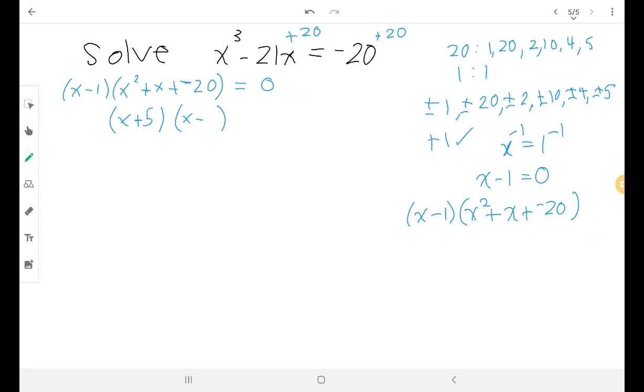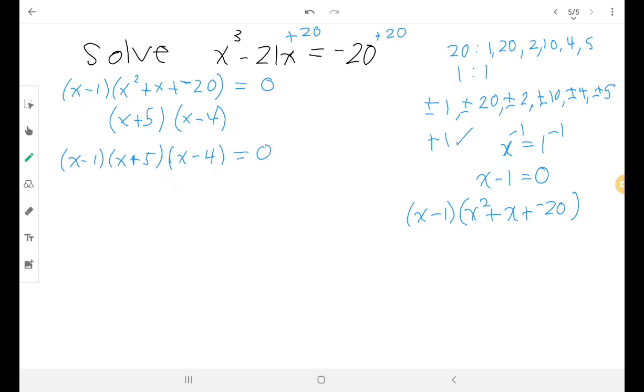So the 5 goes there and the 4 goes there. So that makes it really nice because then I've got x minus 1 times x plus 5 times x minus 4 equals 0.